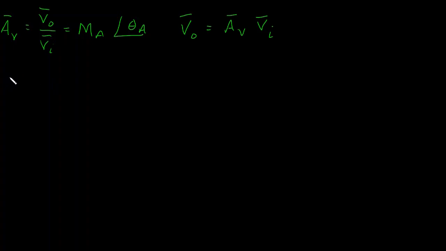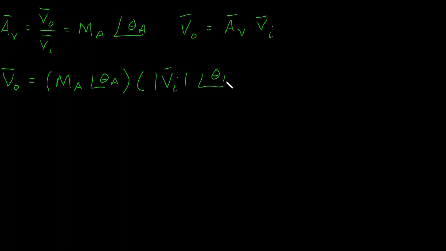So let's decompose that a little bit. We can write V out, the phasor, which is equal to something that looks like MA at an angle theta A times the magnitude of VI phasor at an angle theta I. Okay, again, no real surprise there, which we can rearrange and write as MA times the magnitude of VI at the angle, which is the sum theta A plus theta I. Again, no surprise.